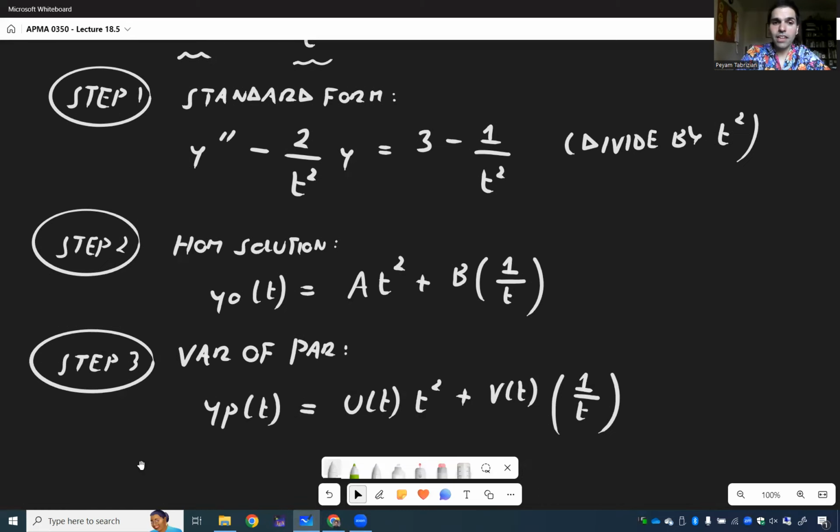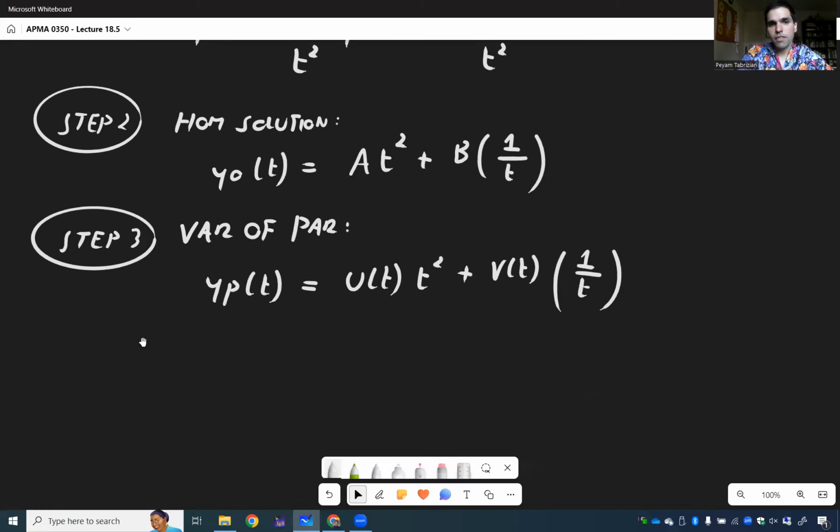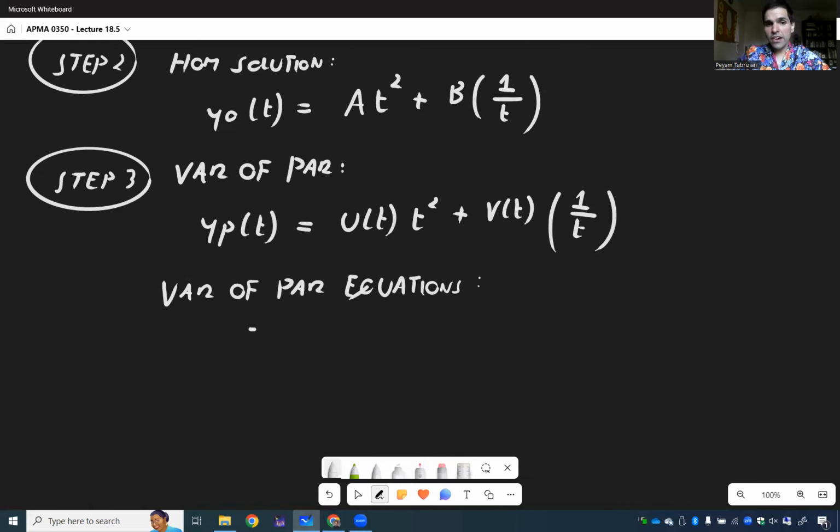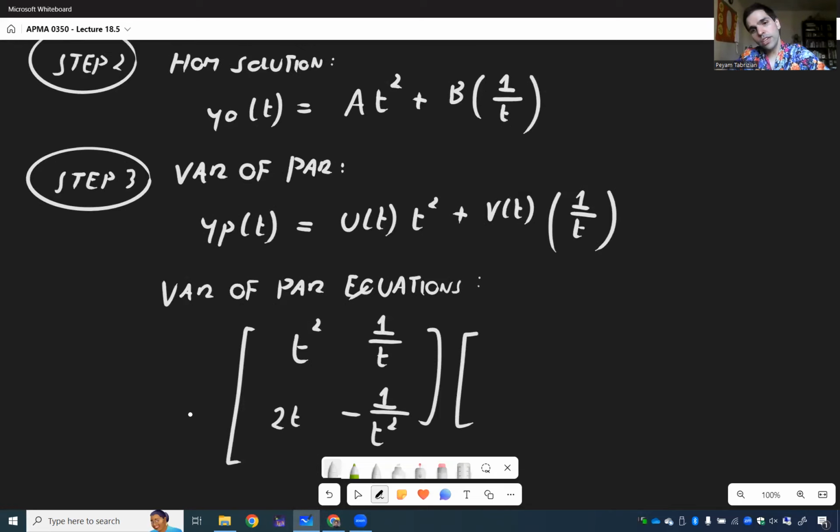And we want to apply the var of par equations. Which is simply, you put t squared and 1 over t in a matrix, and you differentiate. So 2t, minus 1 over t squared, that's our matrix.